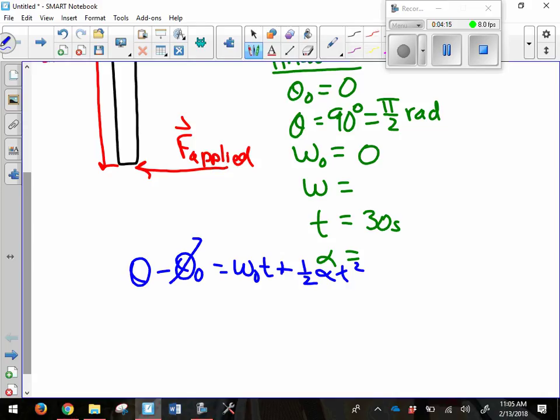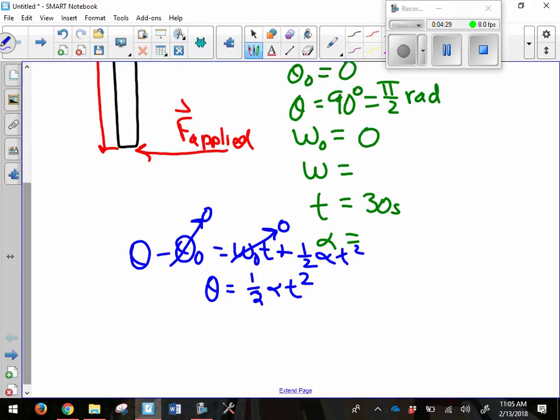And lucky for us, a bunch of stuff goes away. So I end up with theta is 1/2 alpha t squared. And then if I solve this, I get alpha is 2 theta over t squared. Is that right?